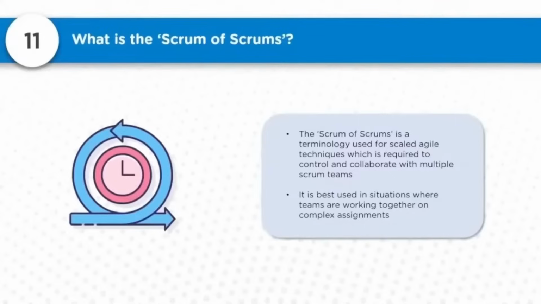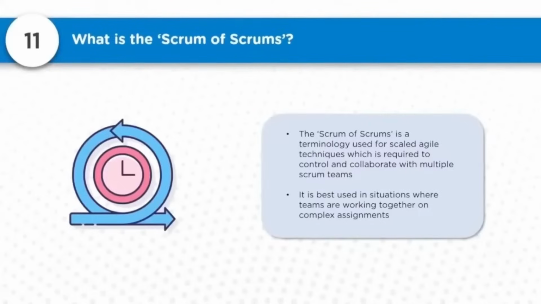It is best used in the situations where teams are working together on complex assignments. Just visualizing the system, various different deliverables which are not simple deliverables which we can do with a simple Scrum team. Instead, we have various different deliverables which need to be made, and dynamics are too complex. So for bigger projects, the Scrum of Scrums approach can be taken.